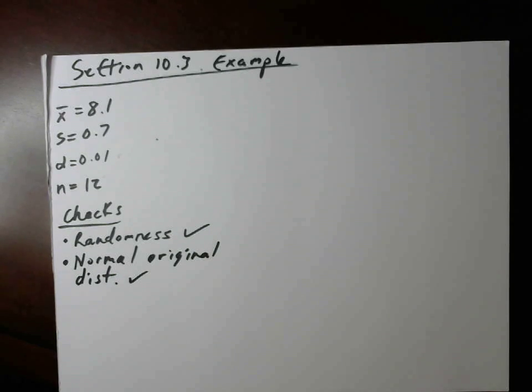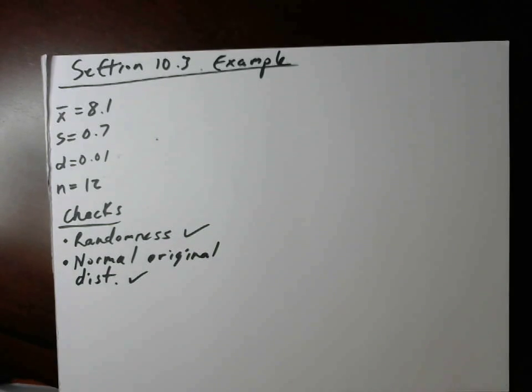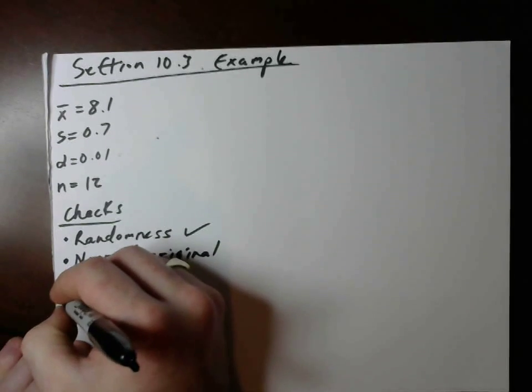We found out that our sample data is normal, so that we can assume that our population is normal if our sample is normal. Okay? So our original distribution is normal. So we have a large enough sample size. We actually don't even have to check the sample size because we know we were dealing with a normal distribution, not a non-normal distribution. So we're done with that.